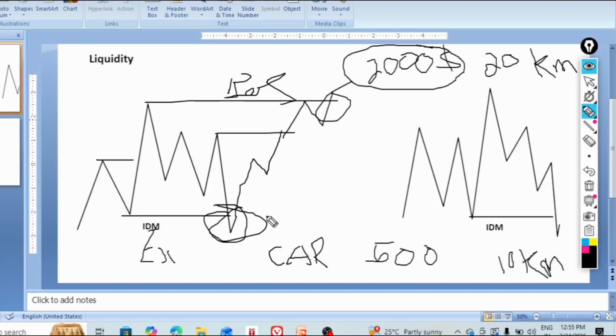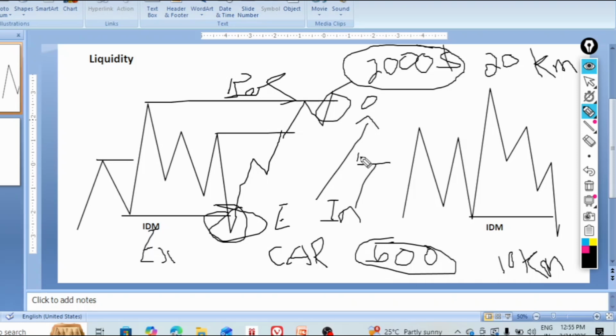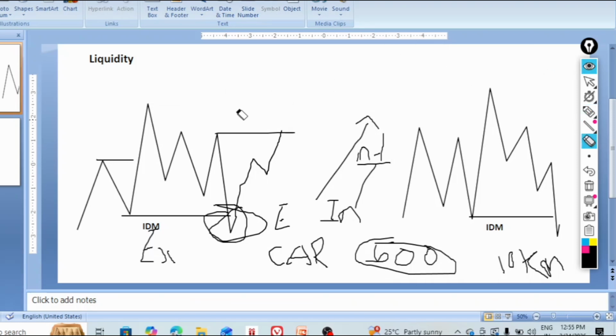If the market grabs the external liquidity, it will move up to the external level. But if it only grabs the internal liquidity, then it will only move up to the internal level. Okay, so I hope you understand.